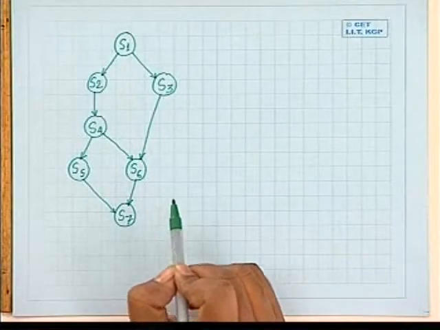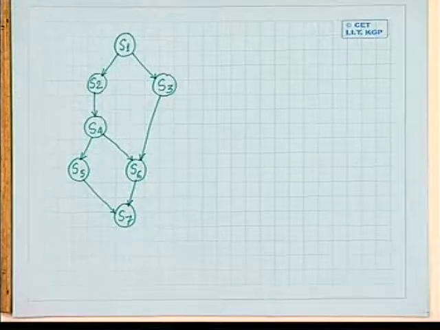So this can be easily converted into a fork join structure, but this cannot be converted into a co-begin co-end structure. That is why we can say that the fork join structure is more powerful than the co-begin co-end structure. Any type of precedence graph can be converted into a fork join program, but it may not be possible to convert that into a co-begin co-end program. Okay. So this you take as an exercise.